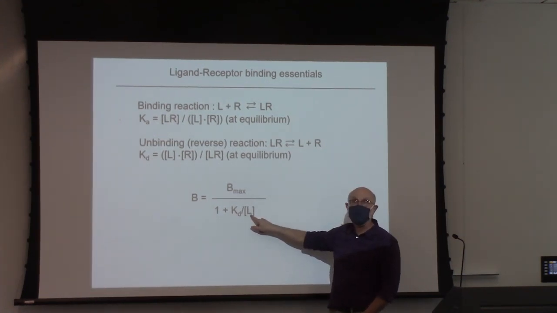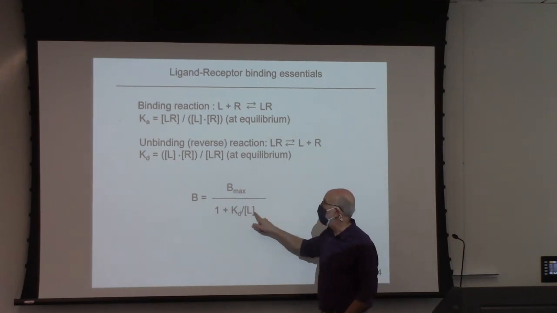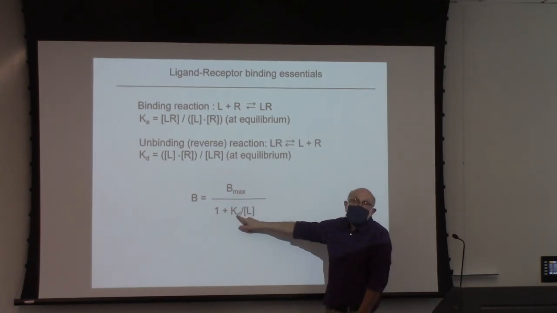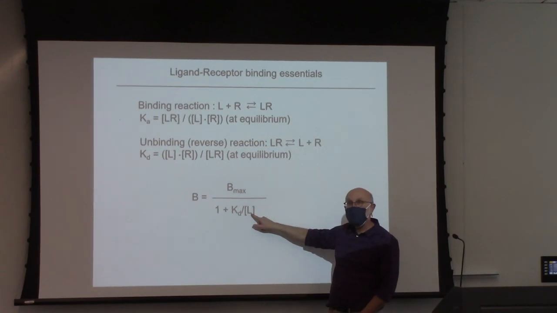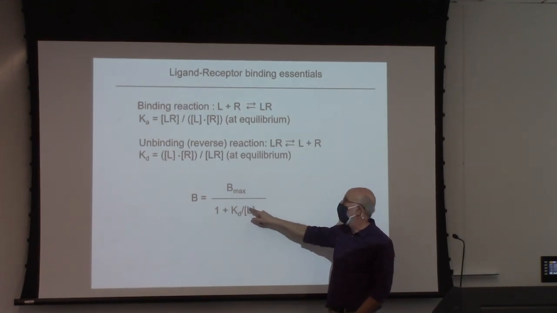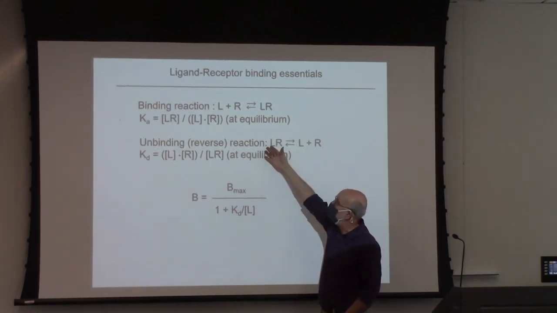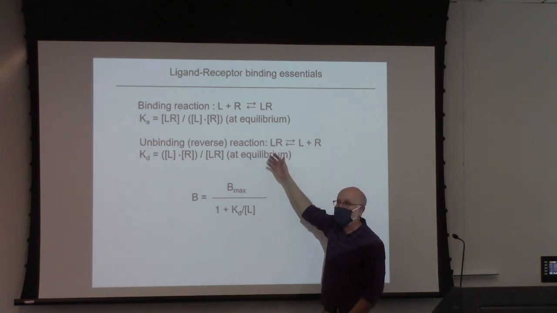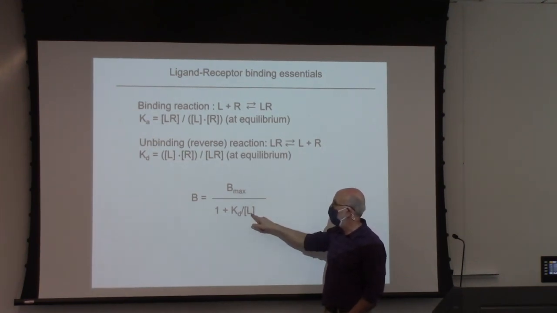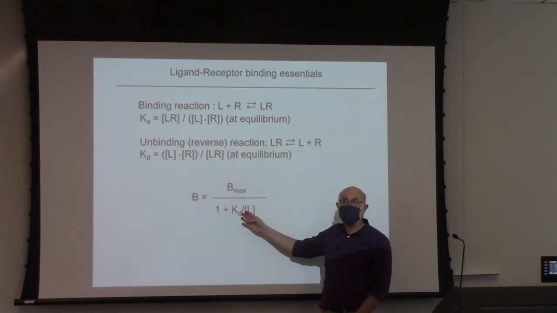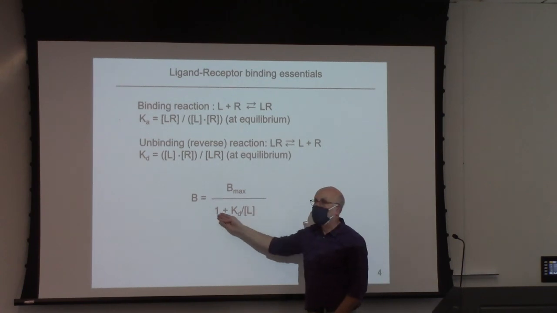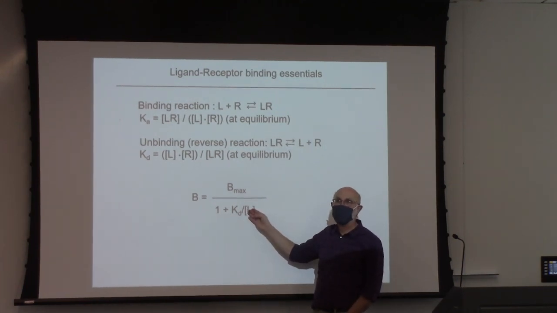Because it's got a small denominator. This is a big number. Kd is a constant, right? So if the ligand concentration is small relative to the Kd, which is determined by the reaction, low number here, some number here, this fraction becomes a big number. This denominator becomes a big number. This fraction becomes a small number.